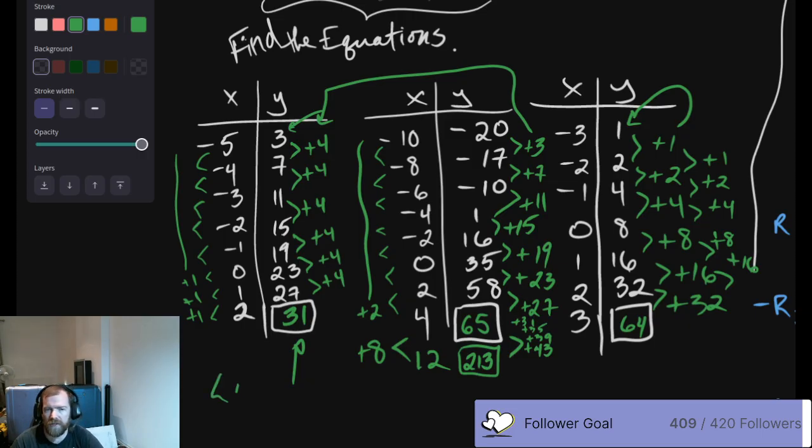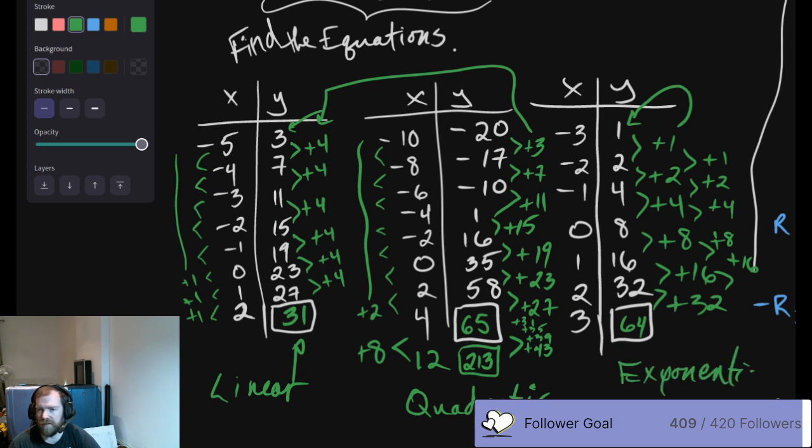Okay, so the ones on the left here we know are linear functions. The one in the middle, it turns out, is a quadratic. And the one on the right is an exponential. The differences here are that the linear function is additive.